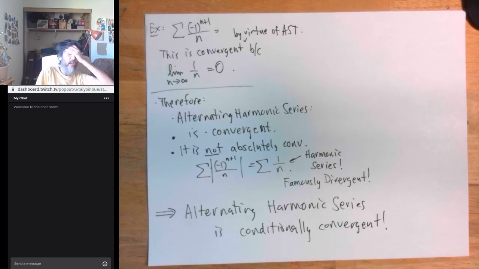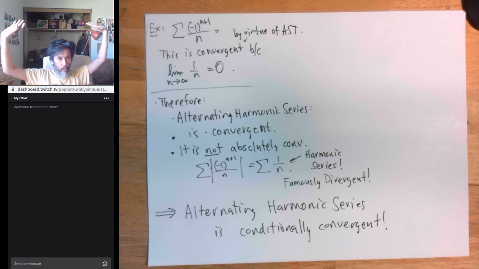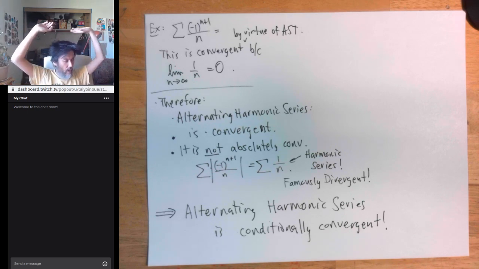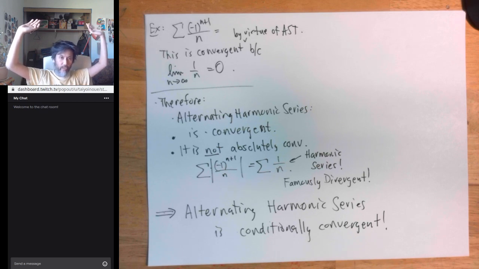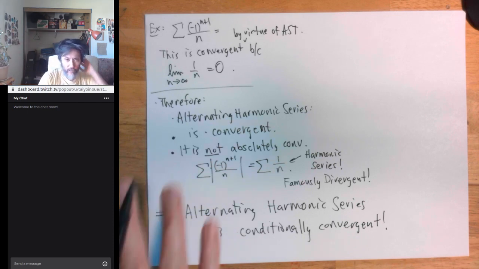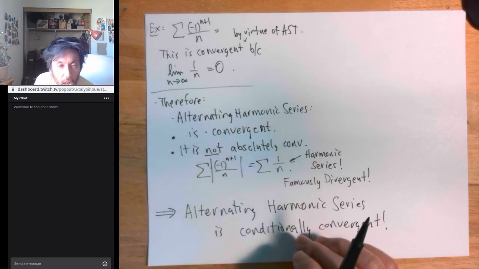In fact, the alternating harmonic series is probably the most famous example of a conditionally convergent series. Conditionally convergent series are very, very strange beasts.